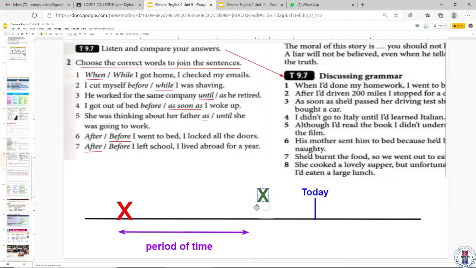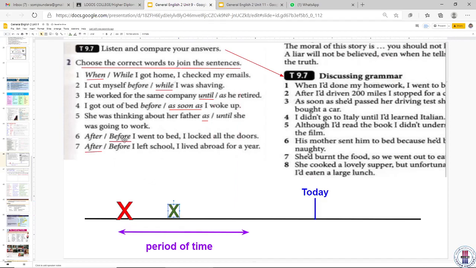So this can't happen here. It can't, because she's already at work. This is while she is still on her way to work. So this action, it can happen here, it can happen here, yes, okay, it can happen here, but this is not okay, because it's as she was going to work. So this action has to be somewhere in here.